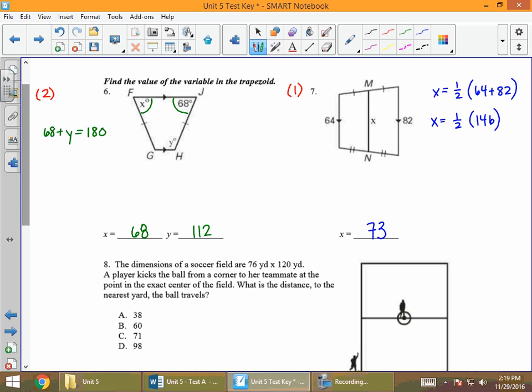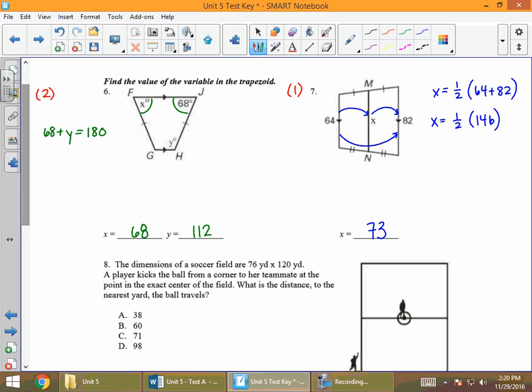But I had some other people that have actually done this a little different. They said to get from 64 to 82, this big jump here, so here's a little jump, here's a little jump, or I can take one big jump from 64 all the way up to 82. So I could do 82 minus 64.